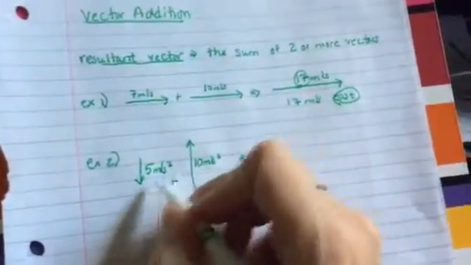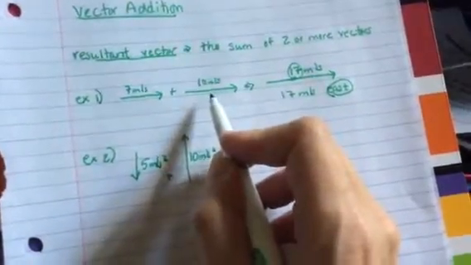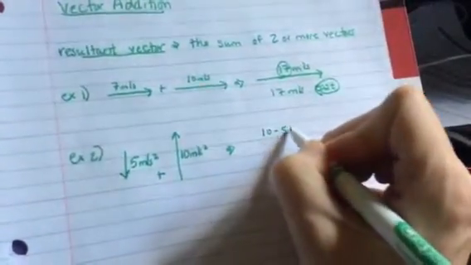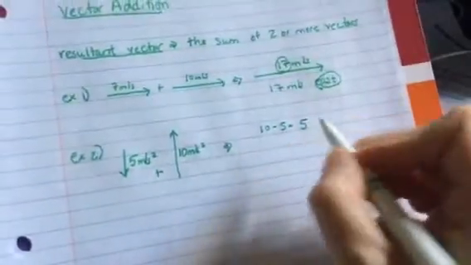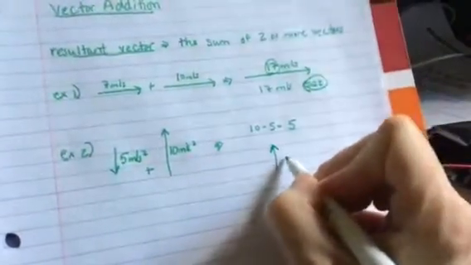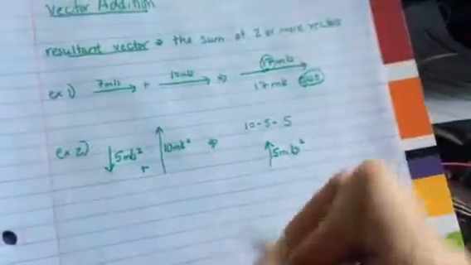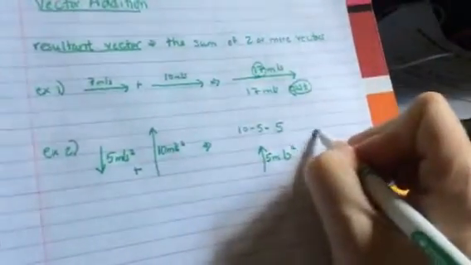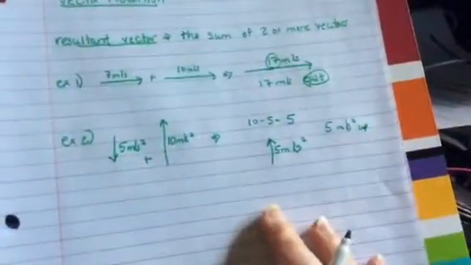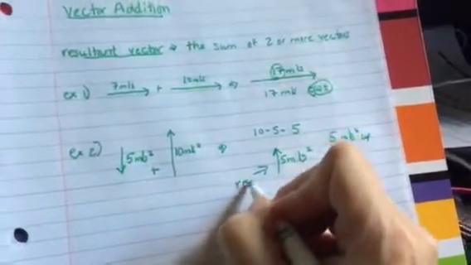Since they're going directly opposite, we can do that; if they go the same direction, we can add them. So we have 10 minus 5, which you all have known for a long time is 5. We can show this again with a vector, the resultant vector being 5 meters per second squared. I forgot to write my 5, so there's 5 meters per second squared. Or you could write 5 meters per second squared up or north, however you wanted to do that. And again, this would be your resultant.